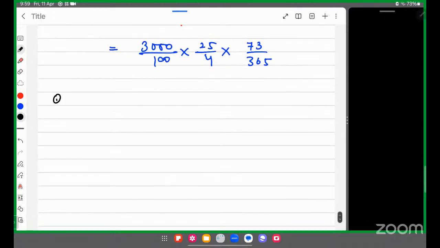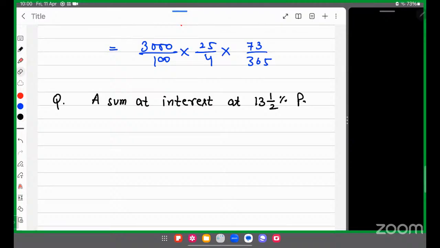Another question is: a sum at interest rate 13.5% per annum amounts to rupees 4502.50 after 4 years.